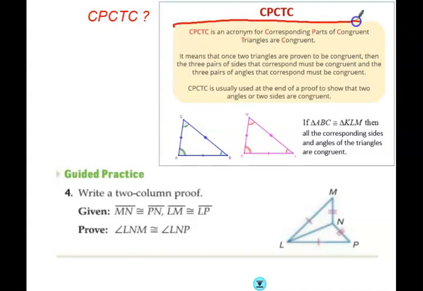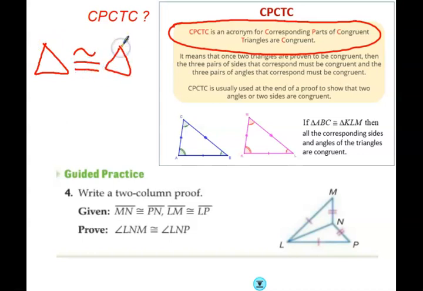If you want to write this down: corresponding parts of congruent triangles are congruent, which means if you can prove that two triangles are congruent, then you can prove any corresponding part goes with another corresponding part, meaning you can prove that the corresponding angles are congruent or any corresponding side is congruent based on that information.